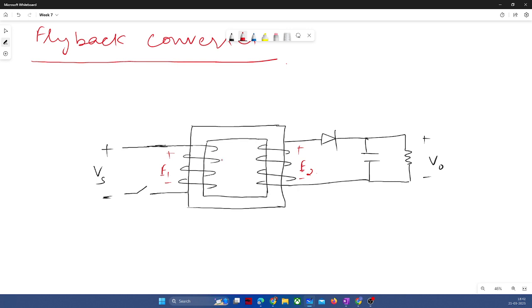So these windings will have a certain number of turns, and as you draw current, it will create flux in the core. As you have current in this direction, you will establish flux in the core, and hence it will work as your isolated DC-DC converter.